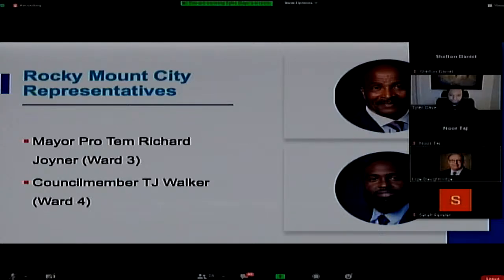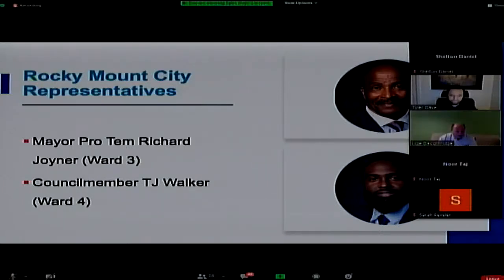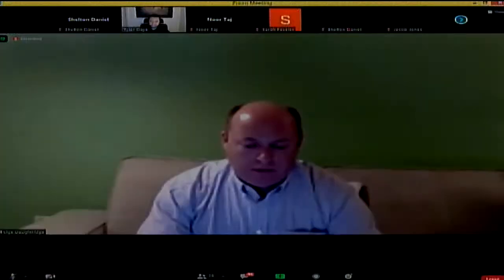This is Councilman Lodge Daltridge, and I'm new to the Zoom, so I hope it's okay if I say something. But I didn't see them on, so I just wanted to make sure this group knew that the City of Rocky Mount, at our last meeting, decided to hire the firm of Pointer and Sproul to help us with redistricting our wards.